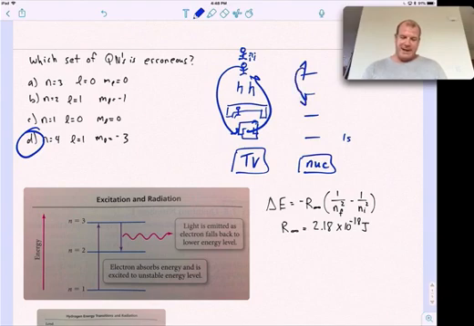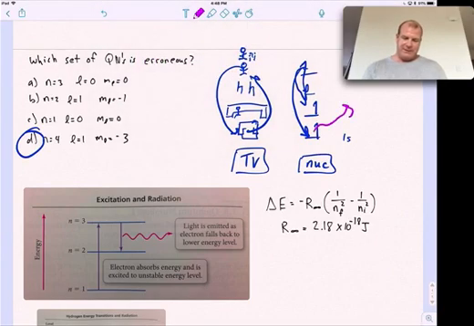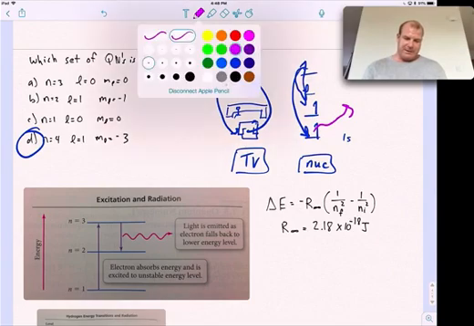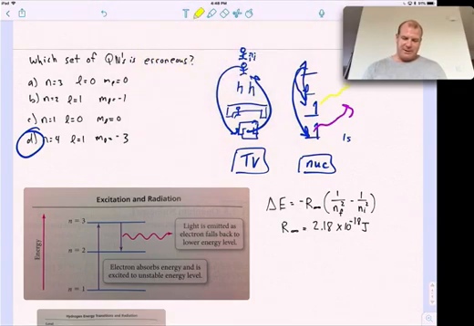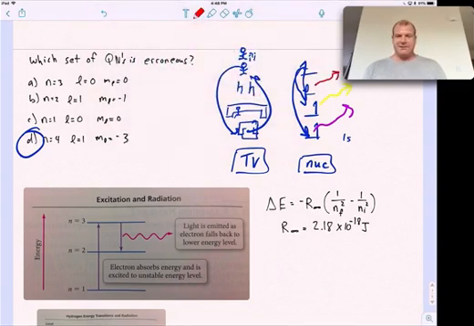It will relax down. Well, it can go to various states here, and as it relaxes down, this is the same electron, for a big step you get a violet photon. For a medium step, you get like a yellow photon, and for a tiny step, a red photon comes off.